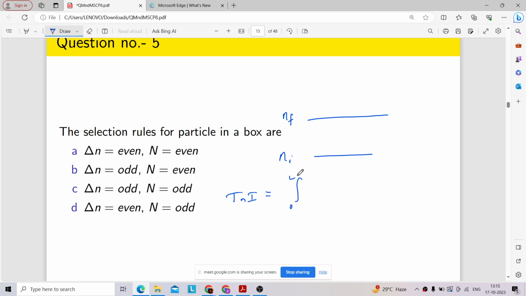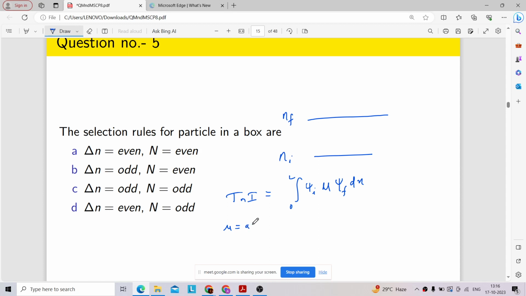from 0 to L of psi initial, dipole moment, psi final dx. Now, if we consider this mu to be the dipole moment, it will be charge times the distance.